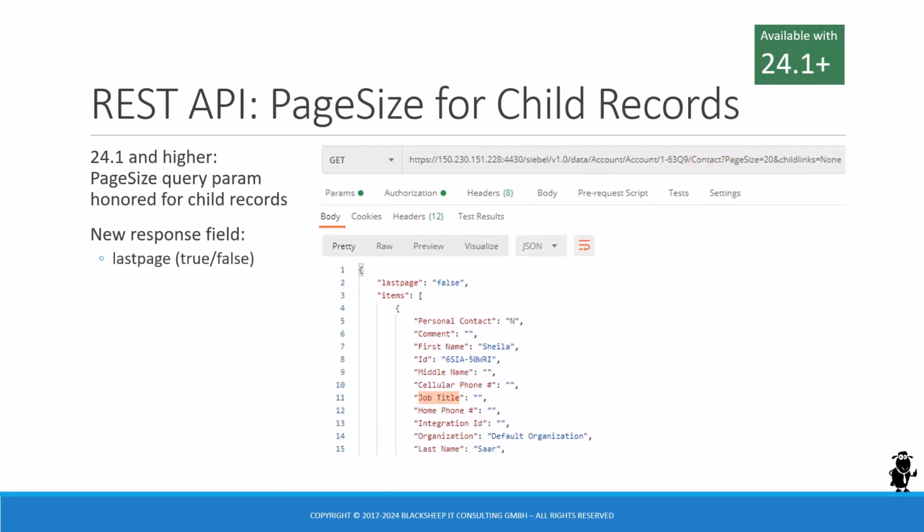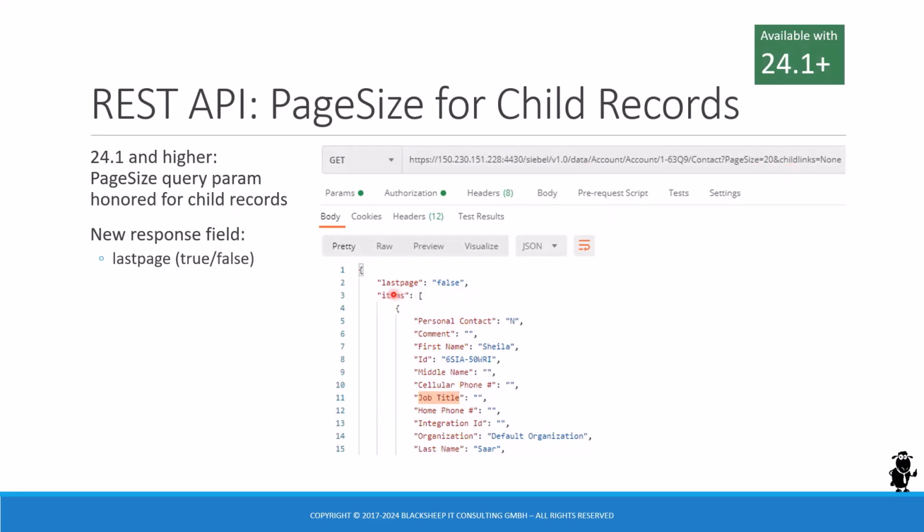Now in 24.1, that's resolved. I think it was categorized as a bug. Now the page size gets through to the child business components. For example, for contacts of a given account, you just get 20, and not, say, as many as are there. If it would be 100, you see your 100 contacts in a version earlier than 24.1. So that is a good addition.